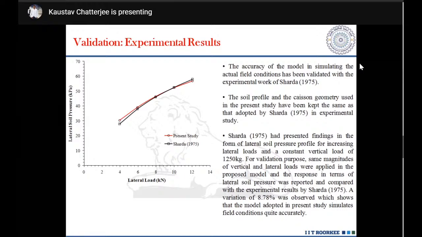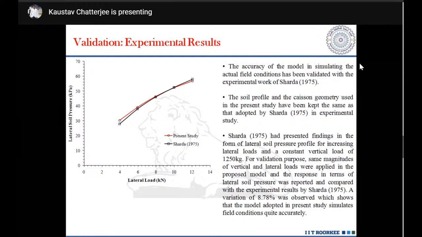Now, again coming to the validation, the numerical modeling has been validated with the experimental results of Sharda 1975, and whatever Dr. Sharda has assumed in his thesis work, the same dimensions of the model have been kept in this numerical study.